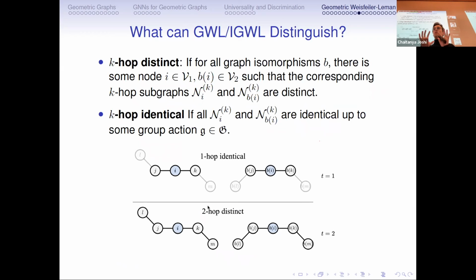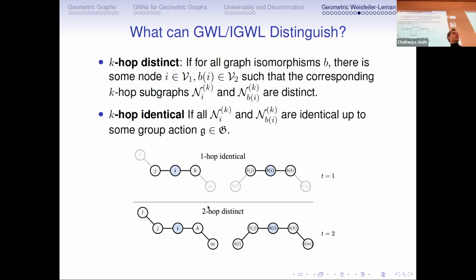And to introduce which graphs can be distinguished, let's just make 2 short definitions, one which we call k-hop distinct and one which we call k-hop identical. When are 2 graphs k-hop distinct? Simply when there exists a k-hop neighborhood within the 2 graphs, such that at least one of them is different. When are 2 graphs k-hop identical?